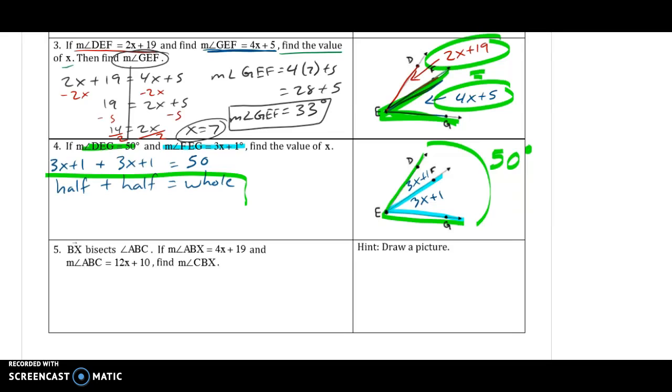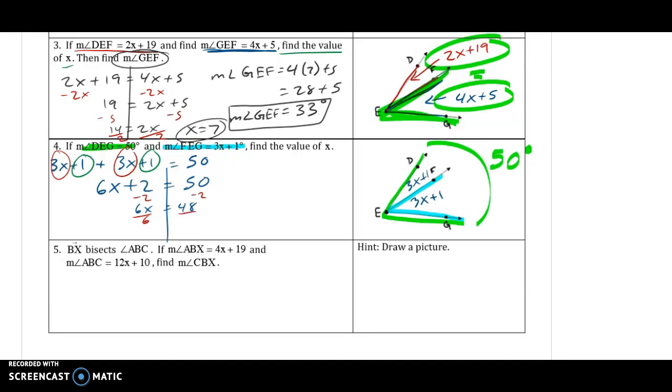So you always want to try to create this equation. And now we solve. Combine. X equals 8.